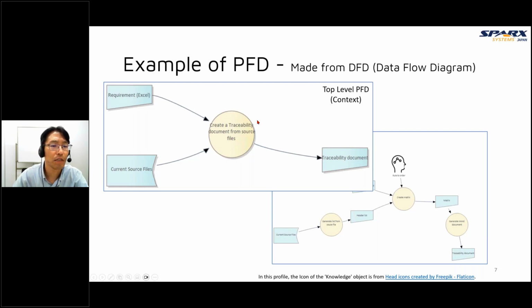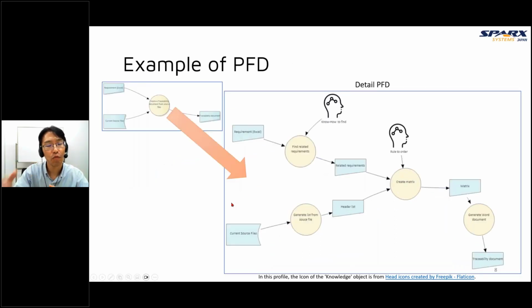In this diagram, to create a traceability document from source files, we need two pieces of information: requirements and current source files. It's very easy to understand. Maybe you can understand without my description. And we can create more PFDs to describe detail.